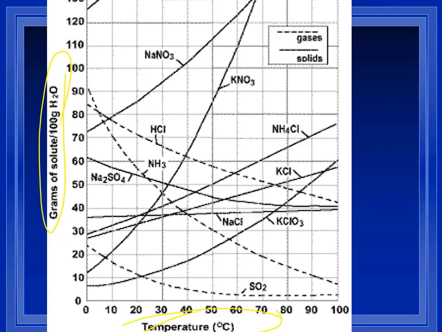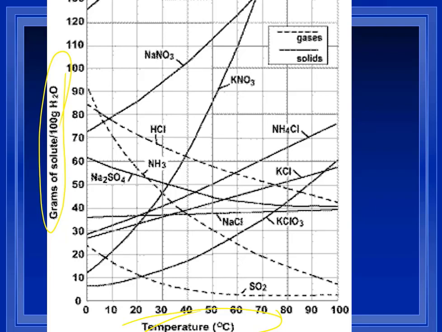So potassium nitrate, its solubility really changes with temperature. Some are more affected than others. There's one dark line coming down. That's sodium sulfate. Some of the sulfates become less soluble as they get hot. So notice what I said, solids are usually, it's not a guarantee. Gases are always less soluble.